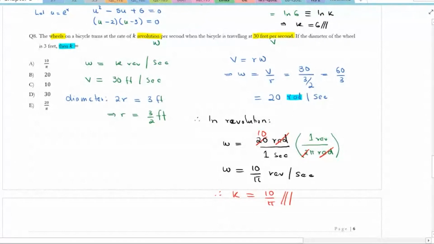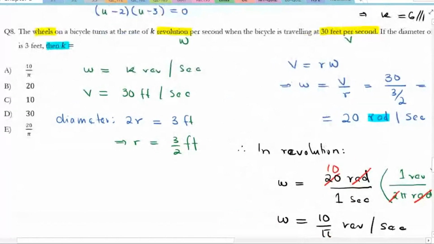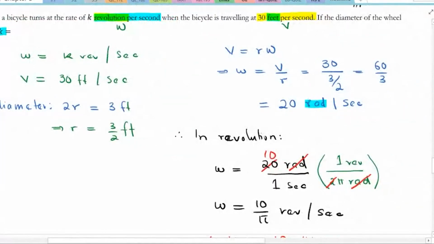So we cannot convert feet directly to radian measure. You get my point? What we are converting is revolution. Look at the question again. I did not touch the feet. The feet is here. We are talking about revolutions per second. So we are converting this radian to revolution. We did not convert to feet.